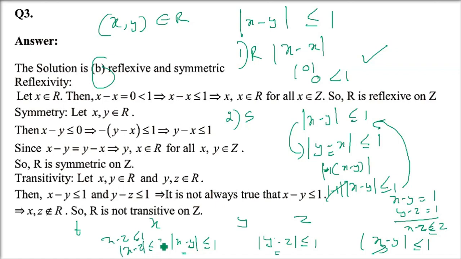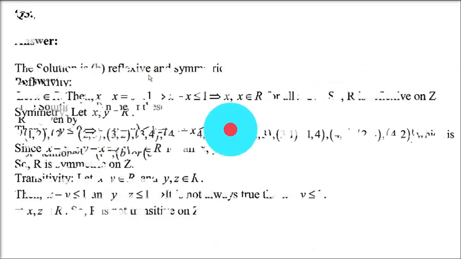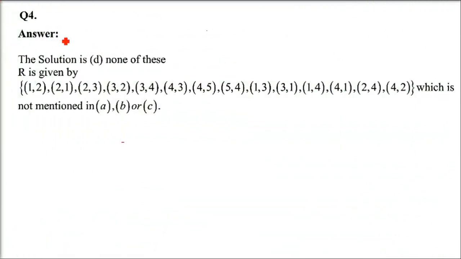This gap made us understand that it will not always be transitive. It may be transitive, I don't know, but it will not always be transitive. So B is the correct answer.